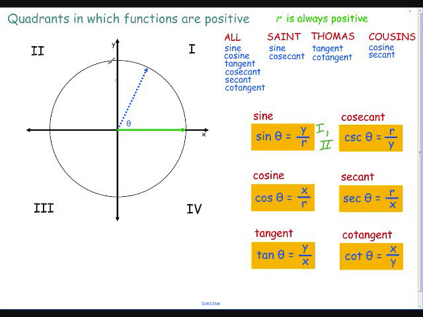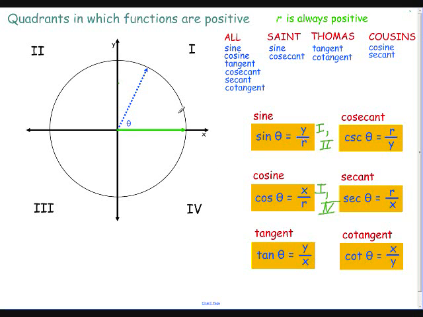Cosine, on the other hand, although it's positive in the first, it goes negative in the second quadrant, and it is still negative in the third quadrant. It goes positive again in the fourth quadrant. Tangent is probably the most interesting because it has both x and y.